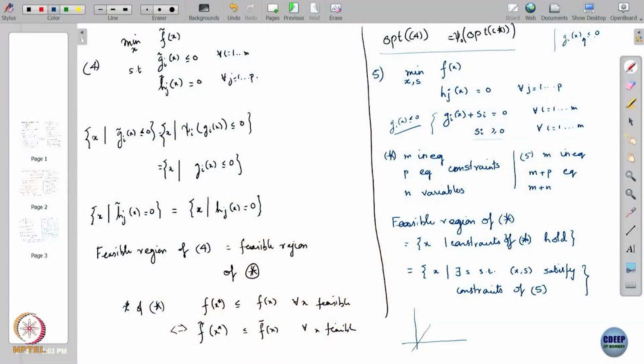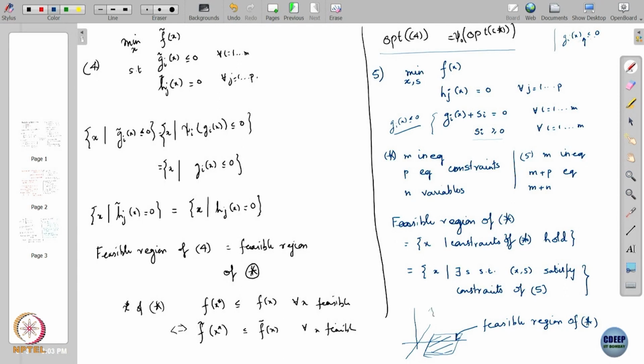So, that basically ensures that these feasible regions are linked; this is the way you can establish a link between the two feasible regions. Geometrically, what is happening is, if you want a picture here, here is a region on which you have defined the feasible region of star. This is the feasible region of star.